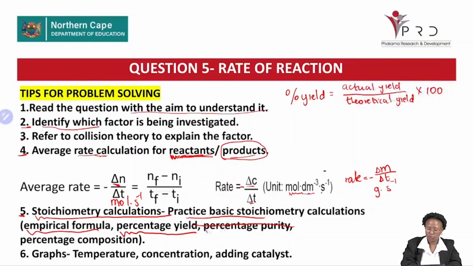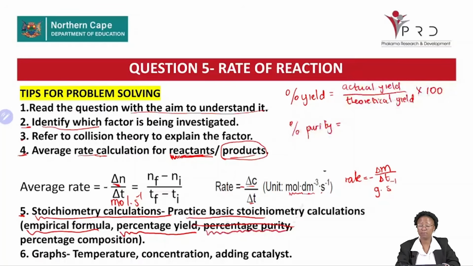Another one that I want you to look at is how to calculate the percentage purity. Why am I giving you these formulas? You're not going to get them on your data sheet, so these are the formulas that you actually need to memorize. So percentage purity equals the mass of the pure substance.